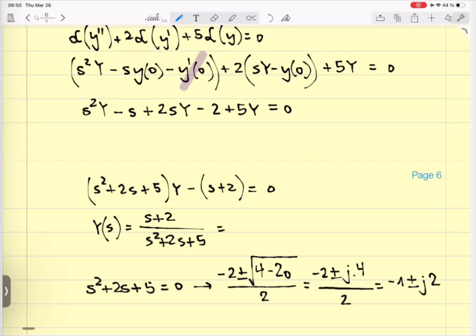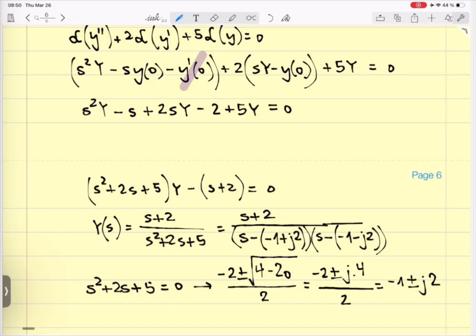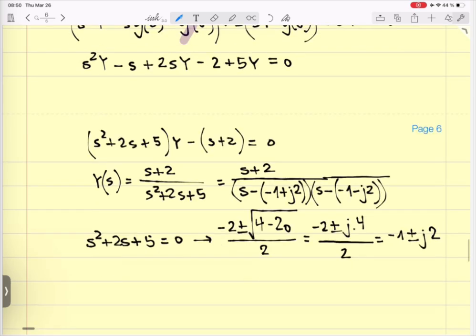So what we have is that this thing is s plus 2 divided by s minus minus 1 plus j times 2 times s minus minus 1 minus j times 2, the two roots of the polynomial.